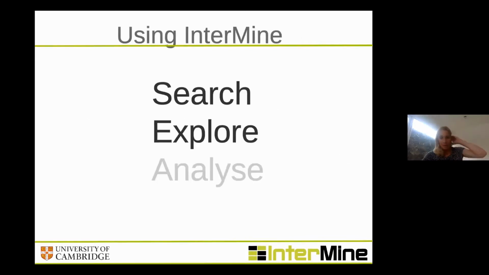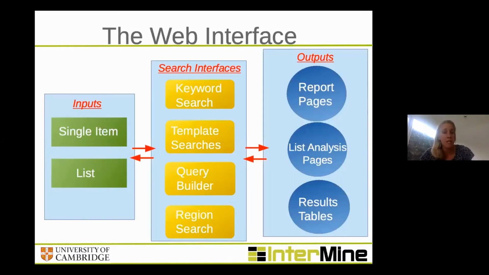Okay, so we're going to move on and start looking at the user interface. This slide shows the main features of InterMine. You tend to come to InterMine either looking up something about a single gene or a particular protein, or more commonly nowadays, with a list of genes or a list of transcripts that you want to analyze. In the center panel, we have the main search interfaces that are available.